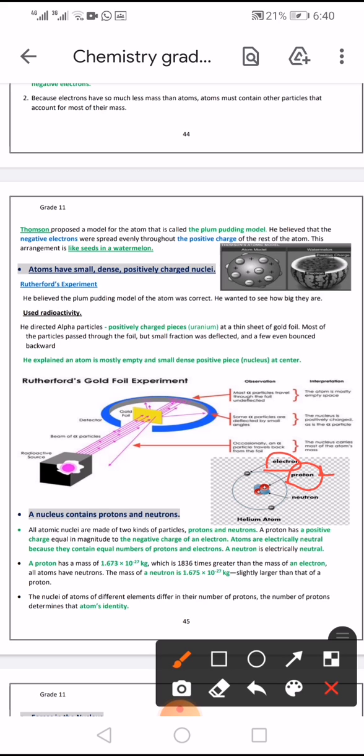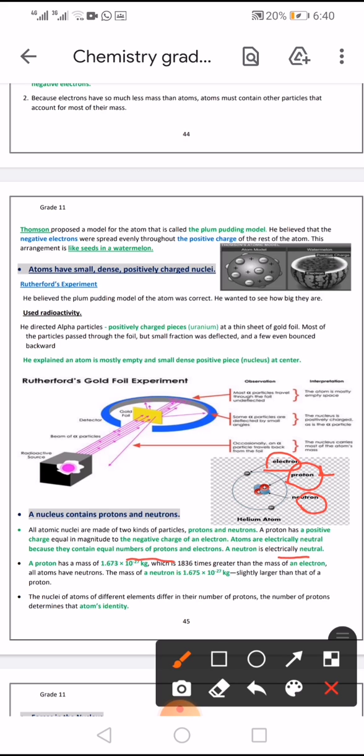Atoms are electrically neutral because they contain an equal number of protons and electrons. So the number of protons equals the number of electrons, and the atom is neutral. The neutron, which is present inside the nucleus, is electrically neutral.